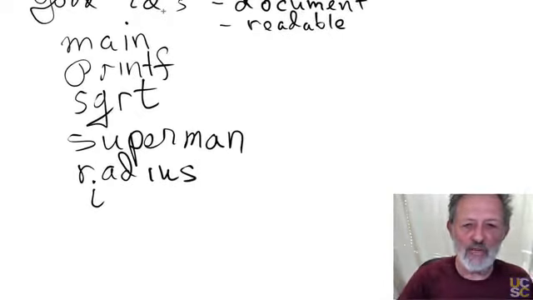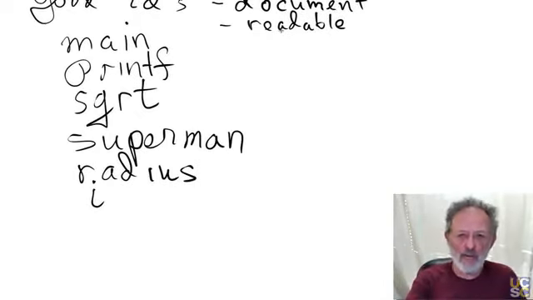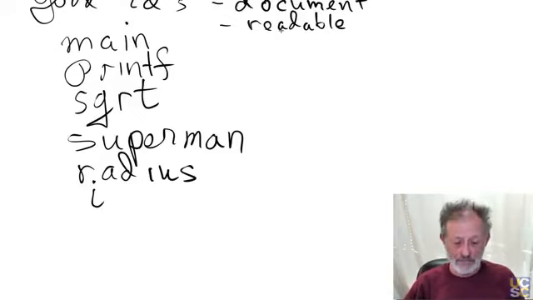Now, good choice of identifiers in your program help you document the program and make the program readable. Main, printf, square root, sqrt, those are actually things you'll see very commonly. Printf and square root come from the standard library.